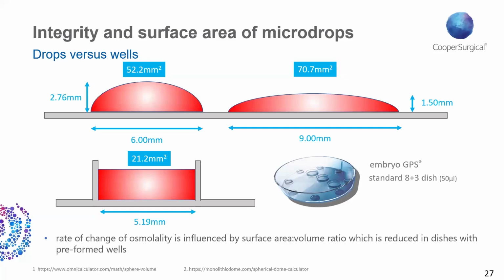One thing to consider is potentially using preformed wells in your culture dishes, because this then reduces the surface area to volume ratio with the same volume of medium. So here the surface area is much lower, and therefore the risk of evaporation is much less. So it's also about technique and how you put the drops into your dish, or whether you use dishes with preformed wells.